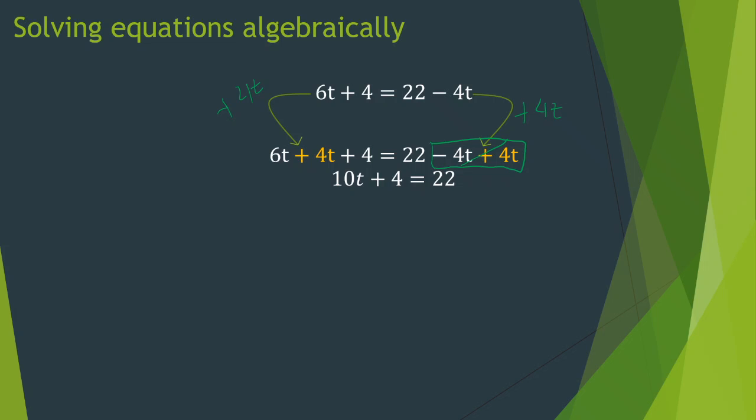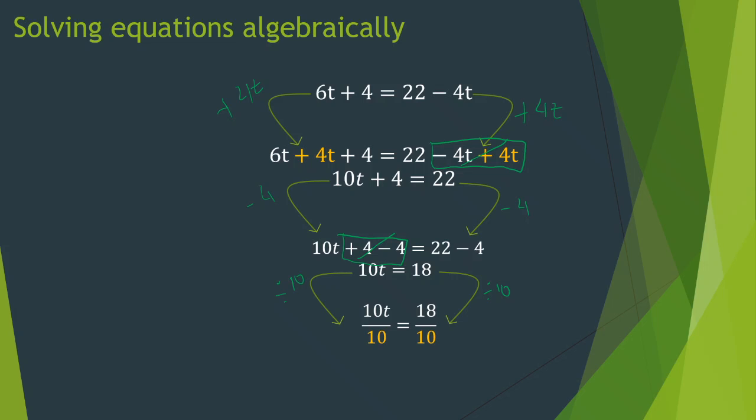And then we continue going on with what we normally do. Let's subtract 4 from both sides, and we get 10t plus 4 take away 4, which cancels out, and 22 take away 4 is 18. Now, this is the reason why I've included this example, because we want to now divide both sides by 10.